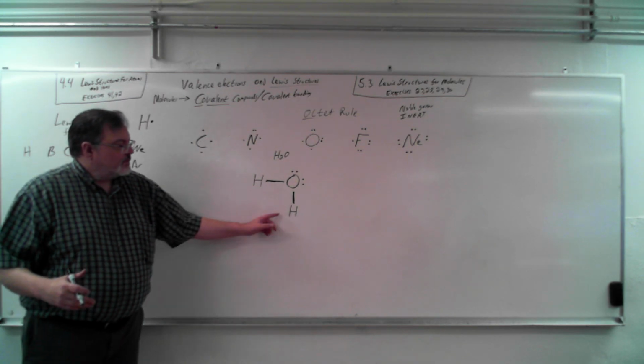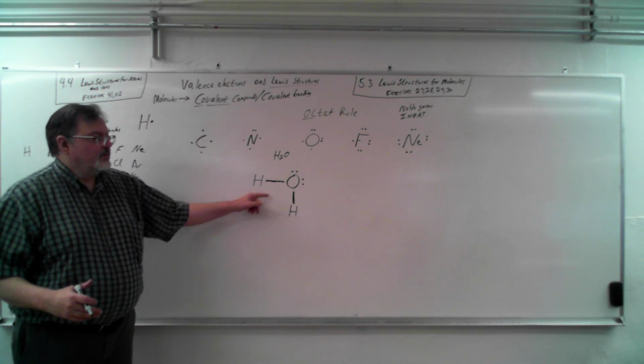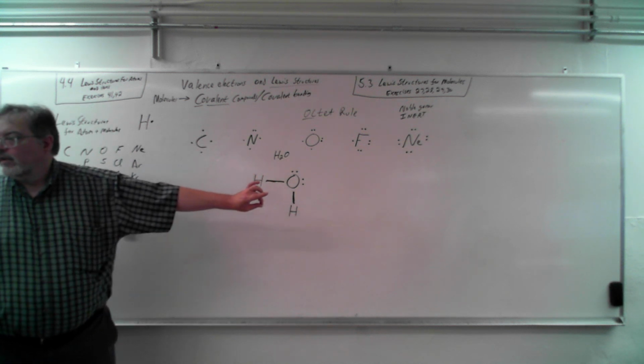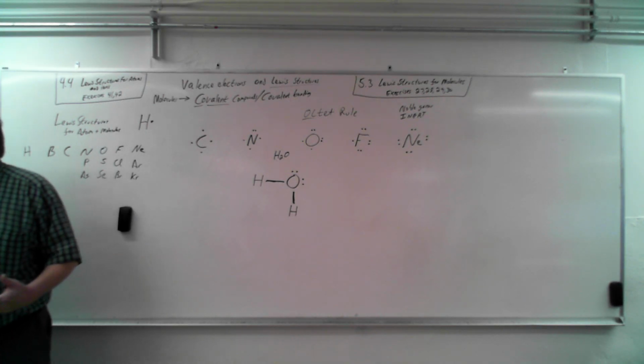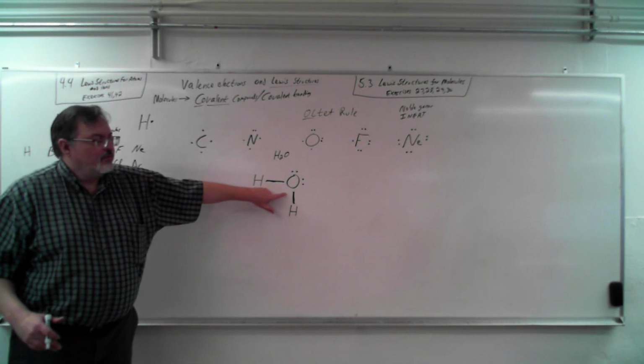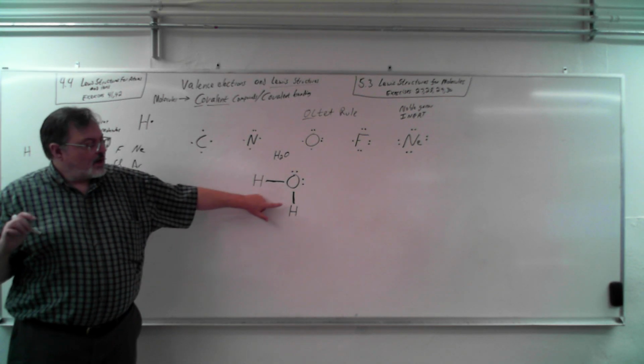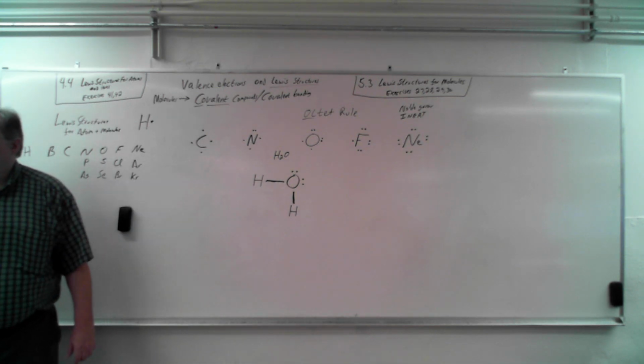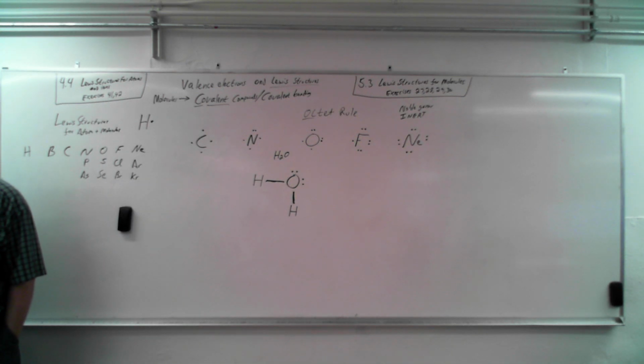So if this hydrogen was floating near this oxygen and this hydrogen was floating near this oxygen, they would have a tendency to click their electrons together to form that covalent bond. That's what this line represents. The line represents two electrons. One of them came from hydrogen, one of them came from oxygen. That's what a covalent bond is. It's this tendency of electrons to try to pair up that causes molecules to occur. You follow me?